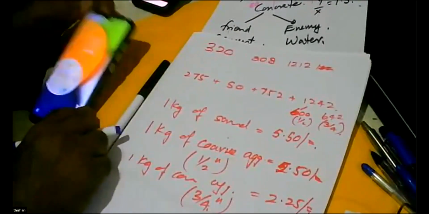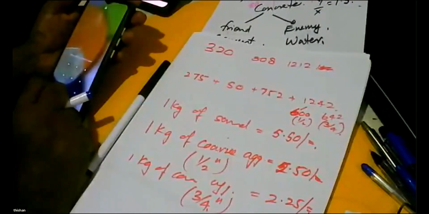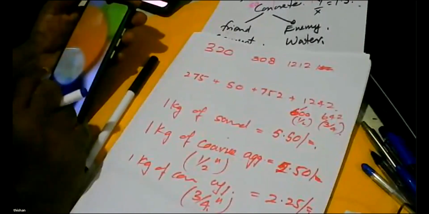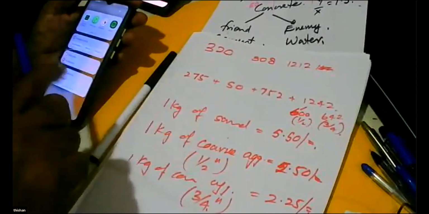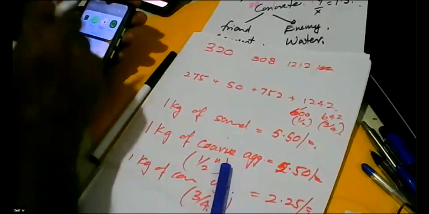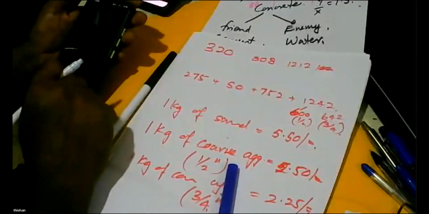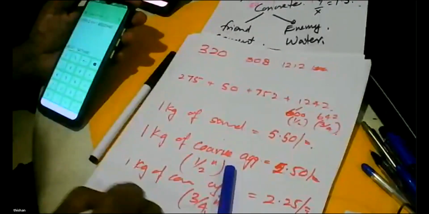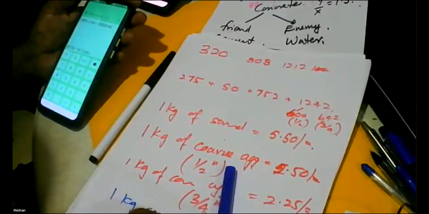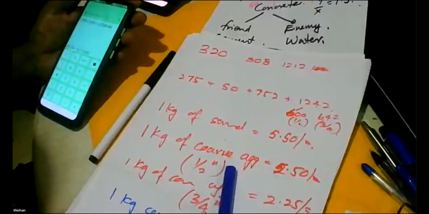The aggregate cost will be pretty similar because the cementitious material quantity is the same. So per meter cube, the cost will be 320 multiplied by 40, as 1 kilogram of cement is 40 rupees.